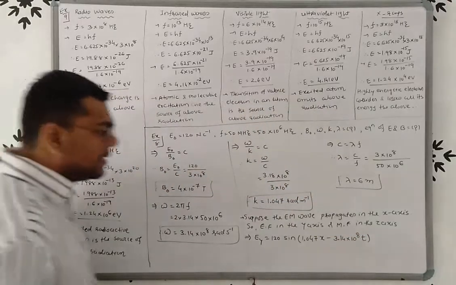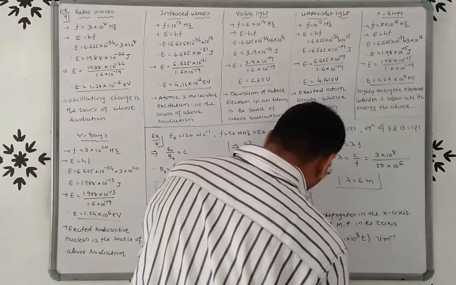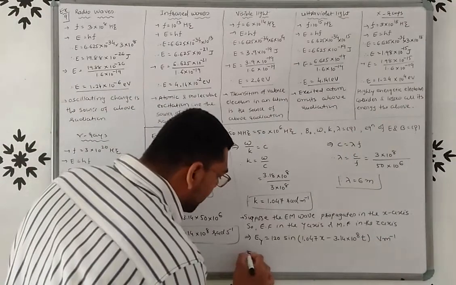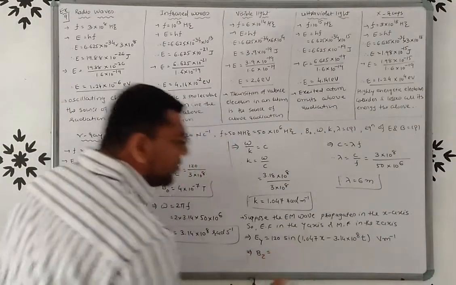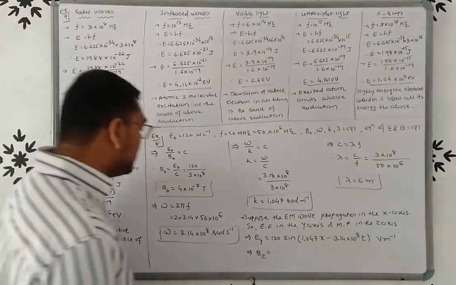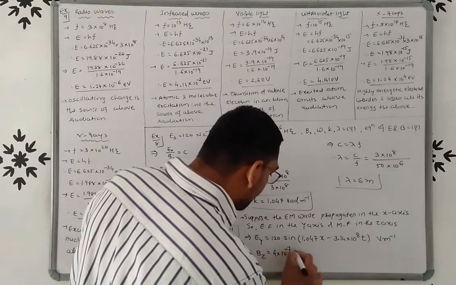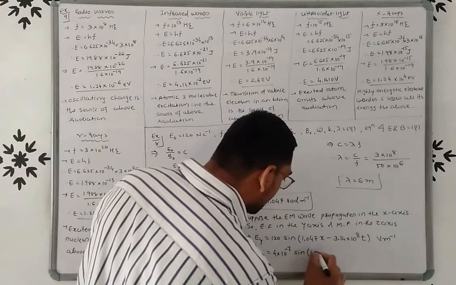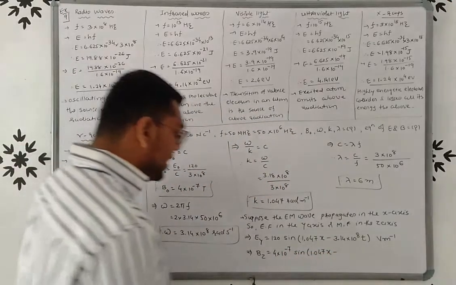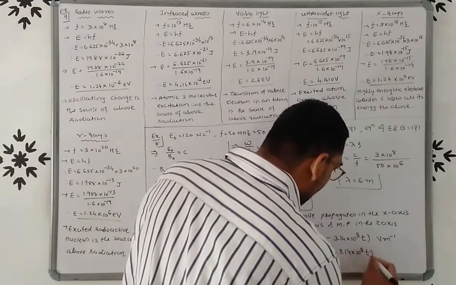So this is the equation of E. And the equation of the magnetic field in the z-axis: Bz equals B0, that is 4 into 10 raised to minus 7, sin of 1.047x minus 3.14 into 10 raised to 8 t.